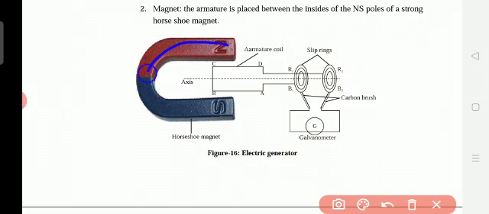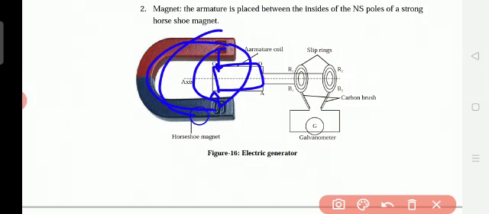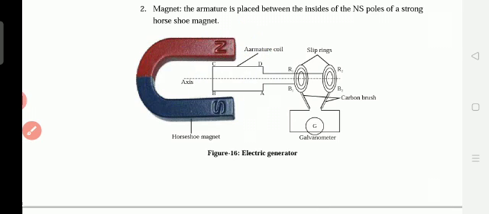The conductor is put inside this magnetic field, and because of the force it starts to rotate and converts mechanical energy into electrical energy. AC generators, alternating current generators, change mechanical energy to electrical energy. Motors change electrical energy to mechanical energy.